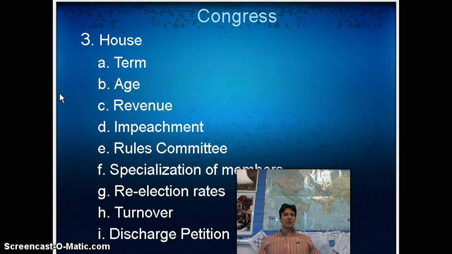When I had 8 students, I really didn't need to make a lot of rules. So the House has 435 members, where the Senate has only 100 members. The House, as a result, has more rules that the members of the House need to follow. As a result, the leader of the House, the Speaker of the House, is more powerful than the leader of the Senate, because if you have more rules, you have more power.